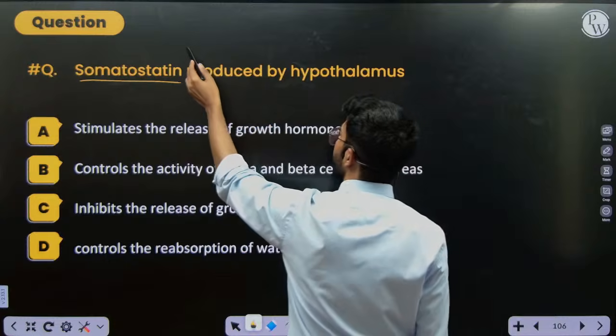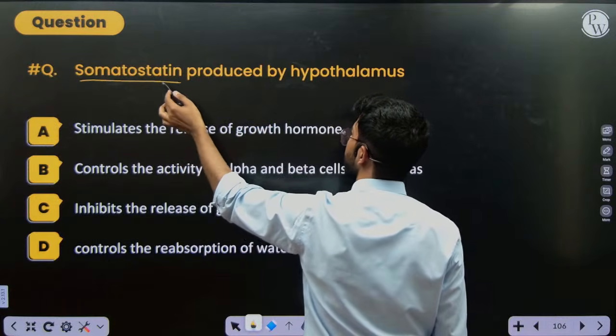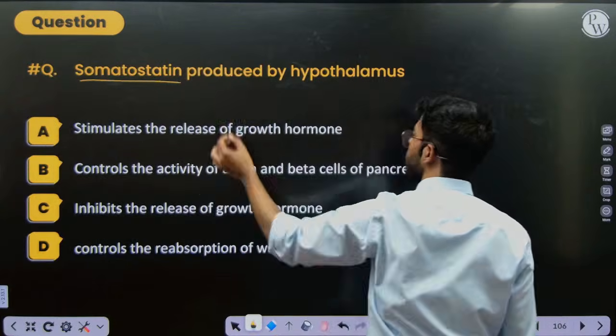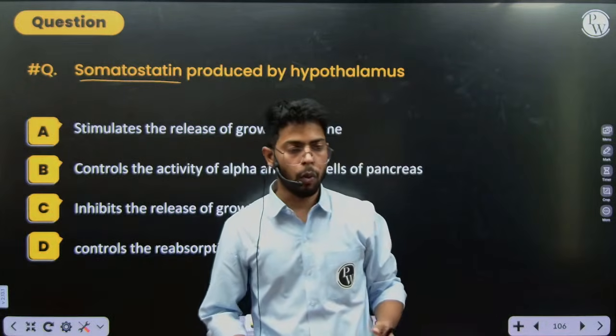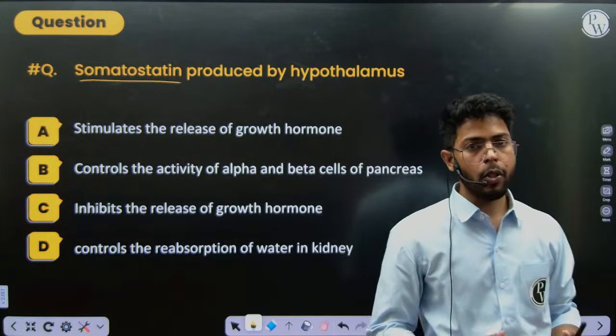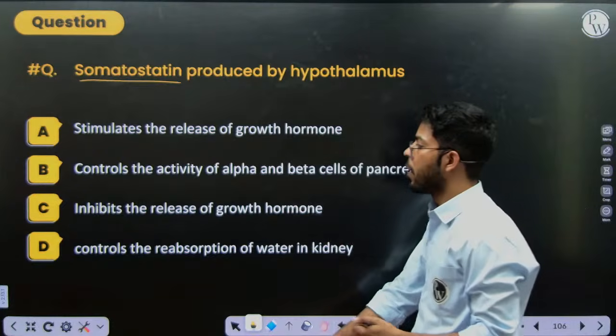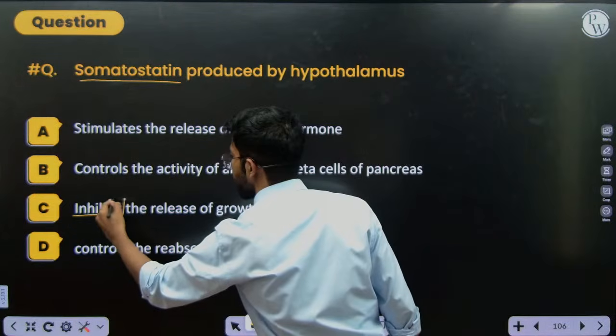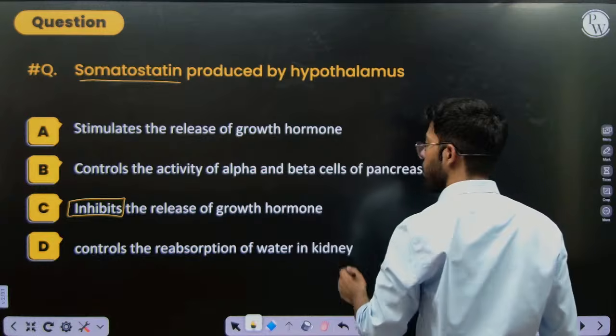There are two, growth hormone releasing hormone and somatostatin. Growth hormone releasing hormone is responsible for the release of growth hormone, but somatostatin is responsible for the inhibition of the release of growth hormone.